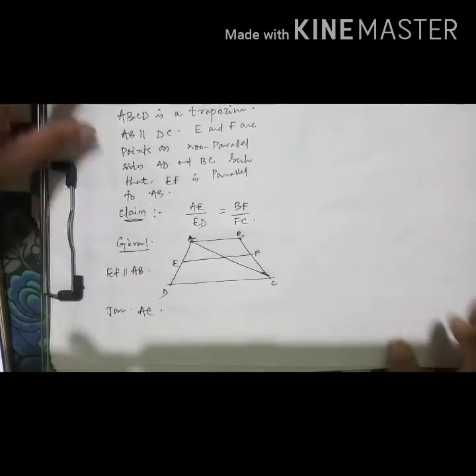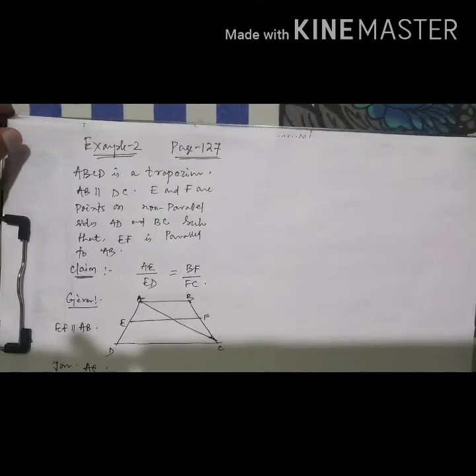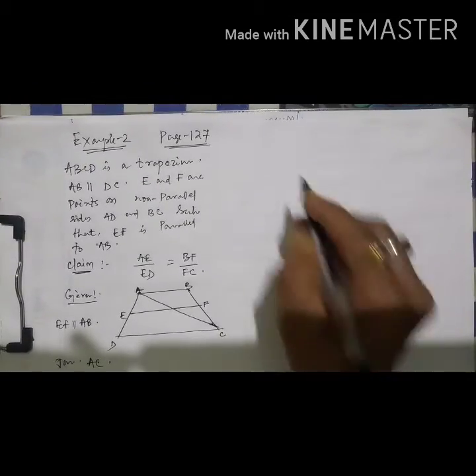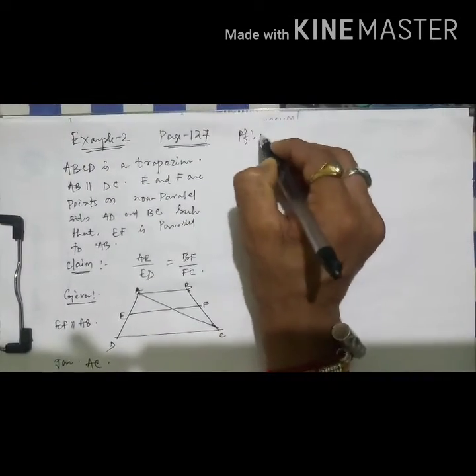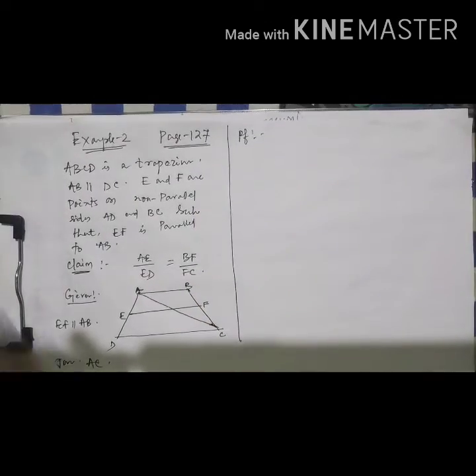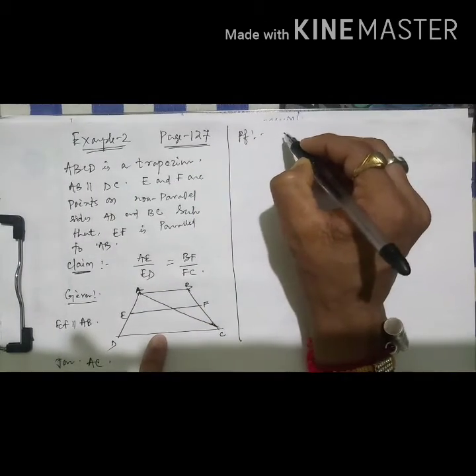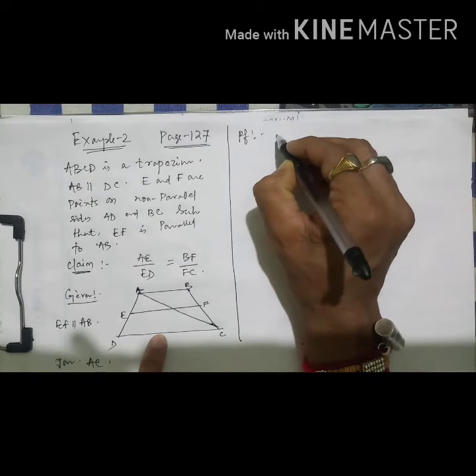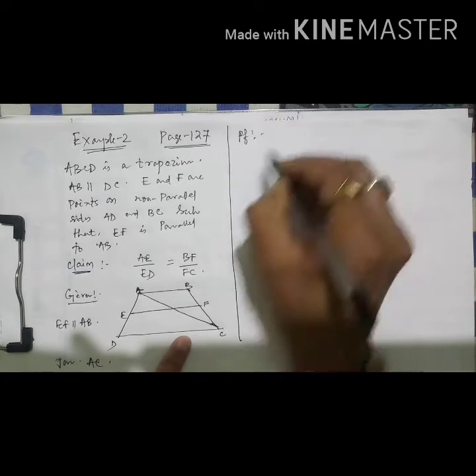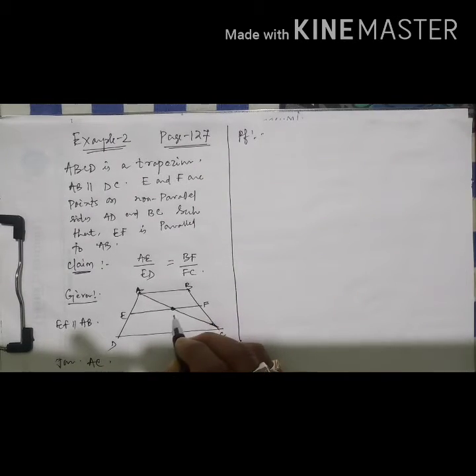Next, proof. So you see from triangle CAB, here is the intersection point. Let it be, suppose, G. Okay.